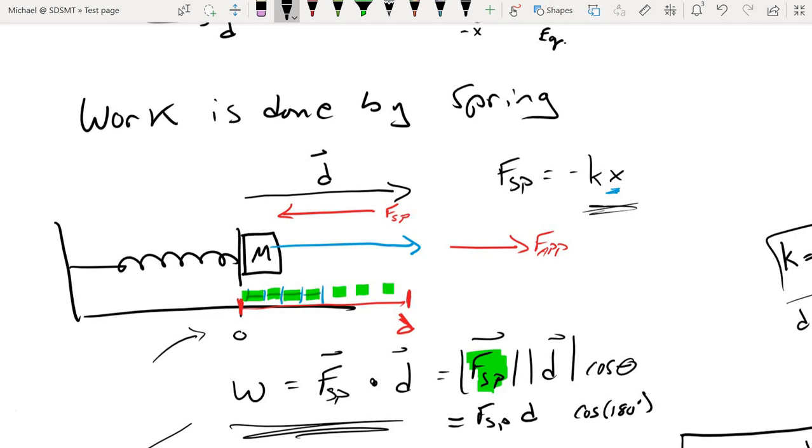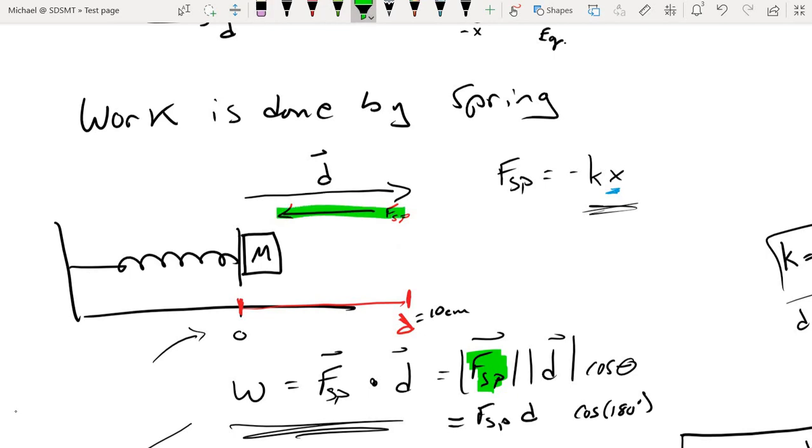We said the spring would eventually bounce back, so let's see what happens if we stretch the spring out to that 10 centimeter mark and then let go. We're going to remove our applied force, and in doing so, the spring is still going to want to return to equilibrium, but now the spring is going to travel in the opposite direction.